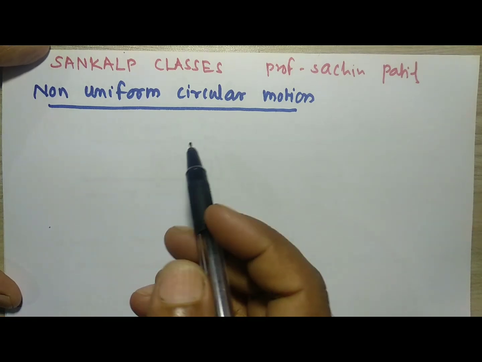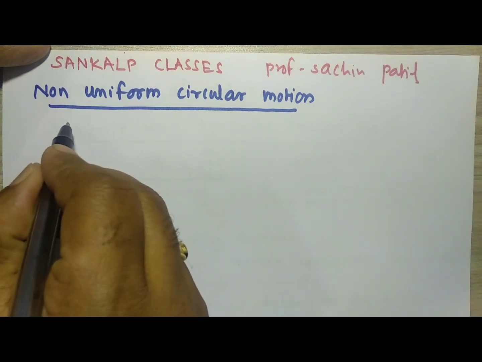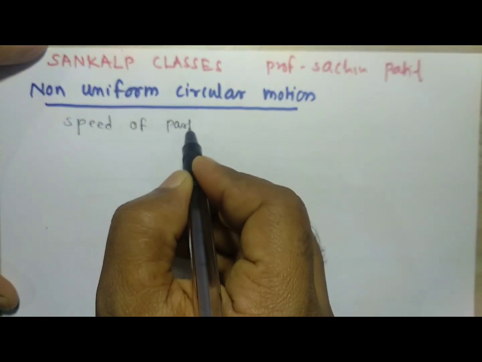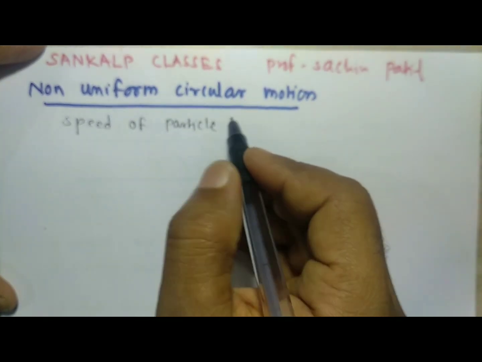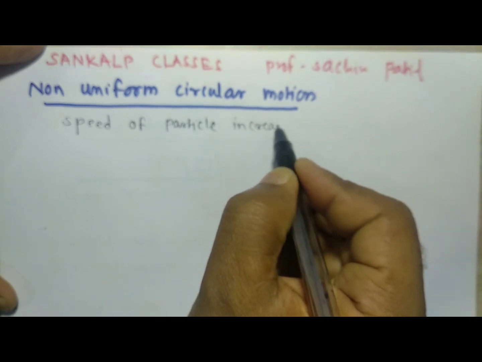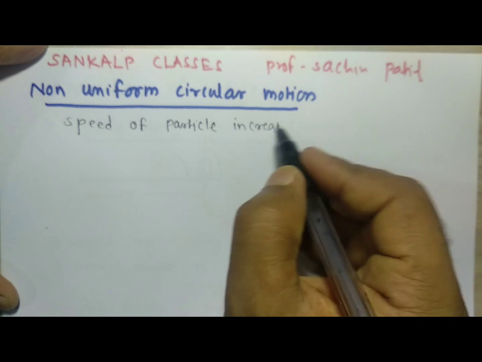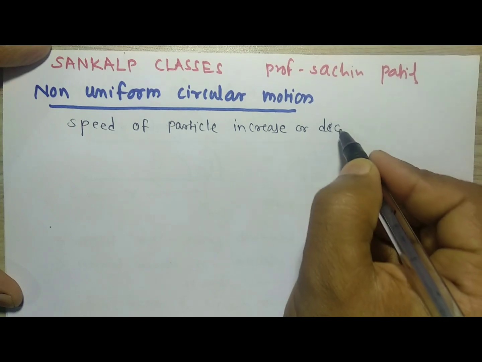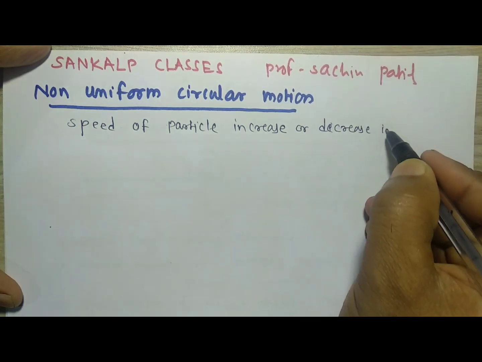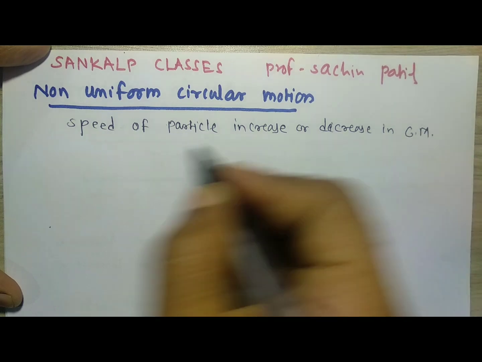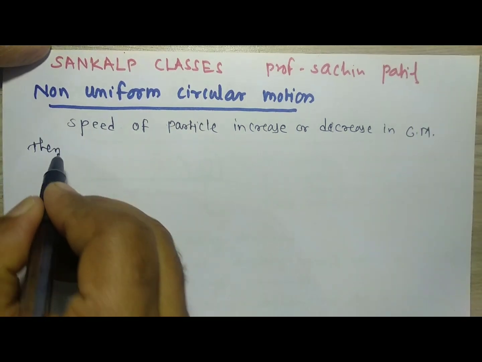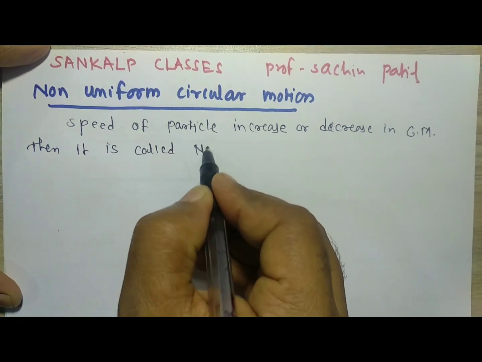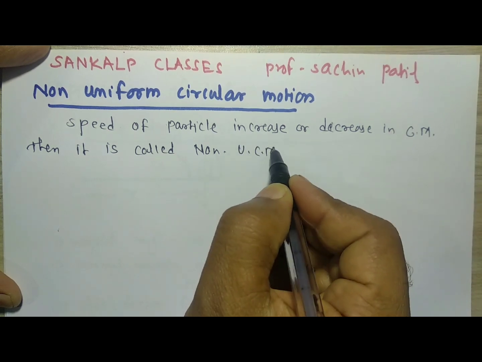In non-uniform circular motion, we know that the speed of the particle increases or decreases in circular motion, then it is called non-uniform circular motion.